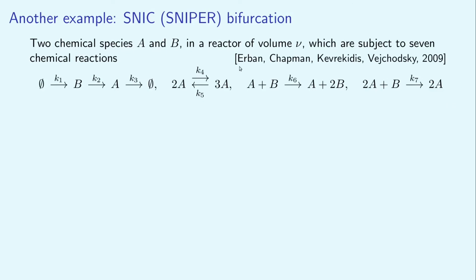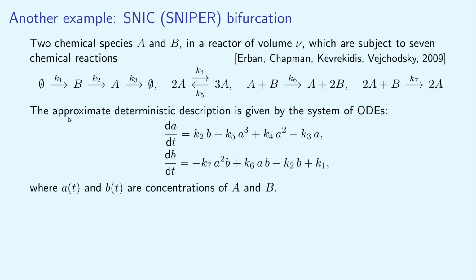Its approximate deterministic description is given by the following system of ordinary differential equations written for concentrations of chemical species A and B. The first chemical reaction is the production of chemical species B with rate constant K1, so it corresponds to constant term K1 in the second differential equation.